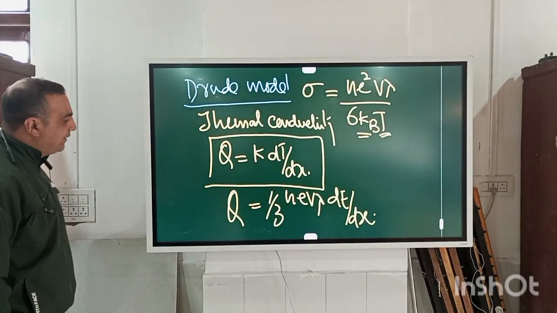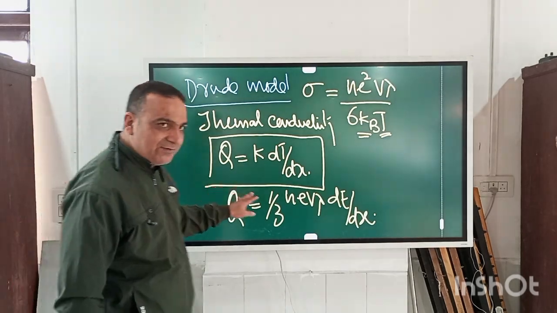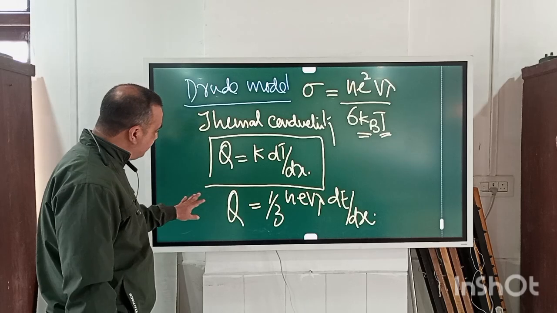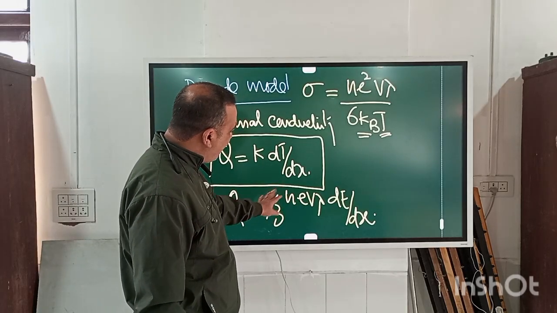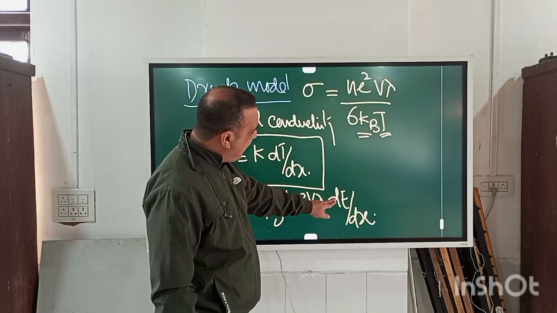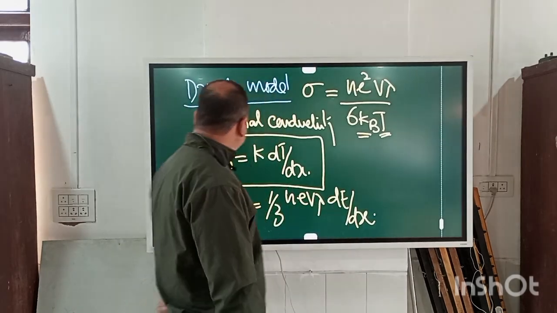So this is our equation that we obtained using kinetic theory of gases. When we discuss thermodynamics, the flow of the heat is given by this equation, and the symbols all have their usual meanings. But here what we have is the gradient of energy with respect to x.